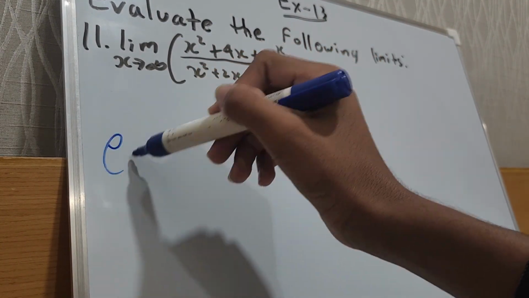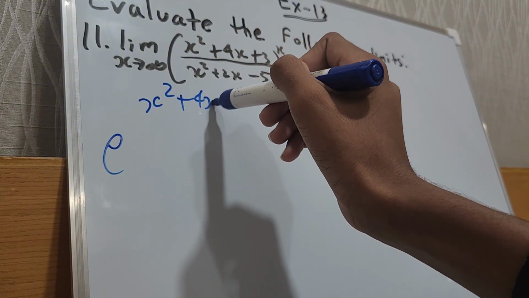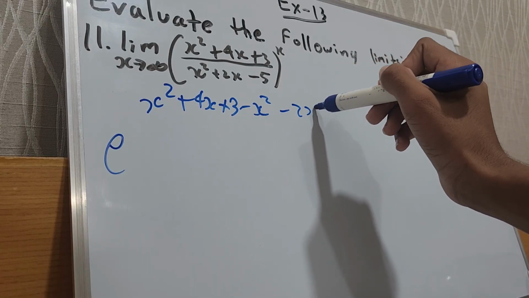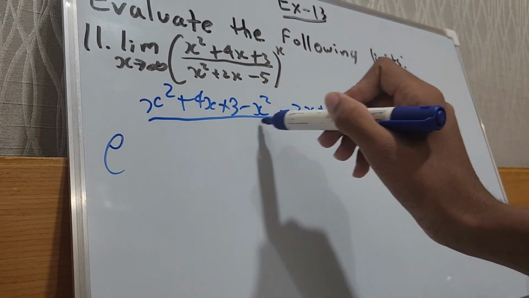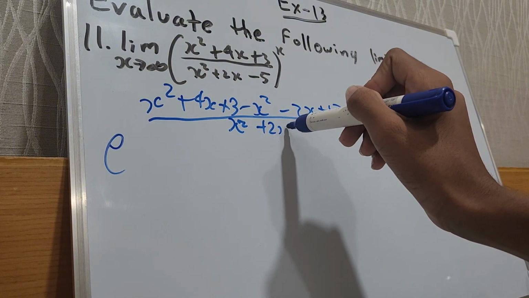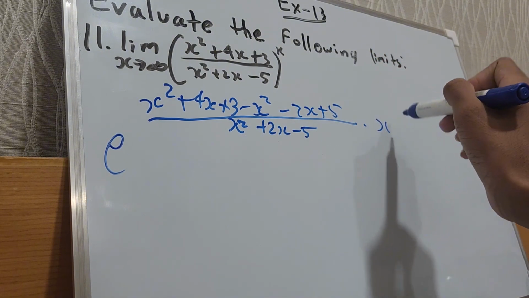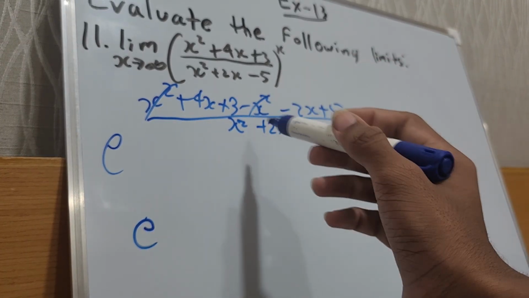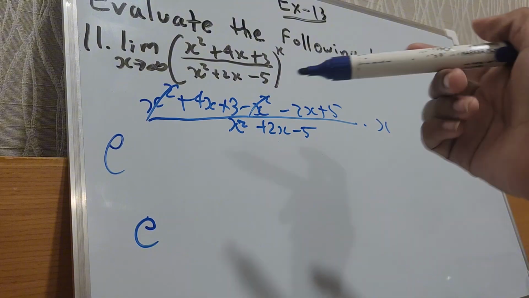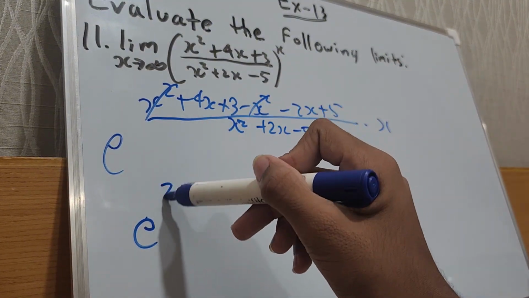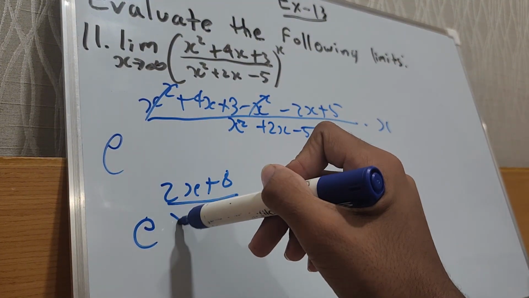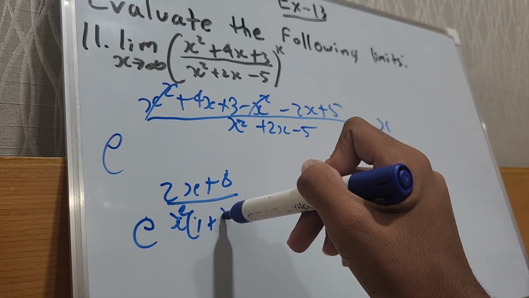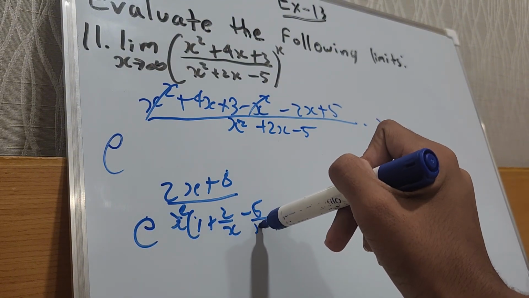So e power (x square plus 4x plus 3 minus x square minus 2x plus 5) by (x square plus 2x minus 5) into x. x cancels, so we'll get e power (2x plus 8) by x, you take x square common, 1 plus 2 by x minus 5 by x square.